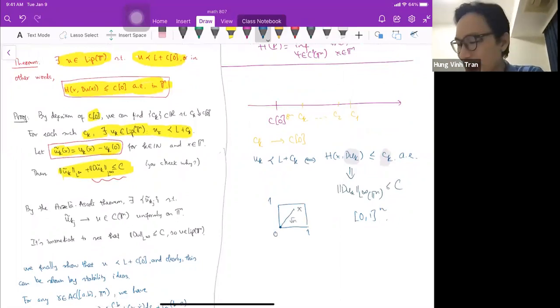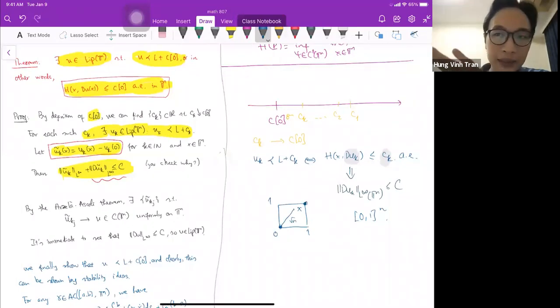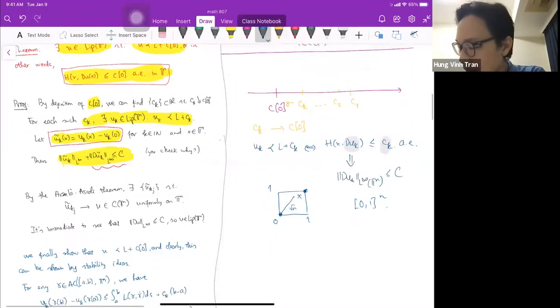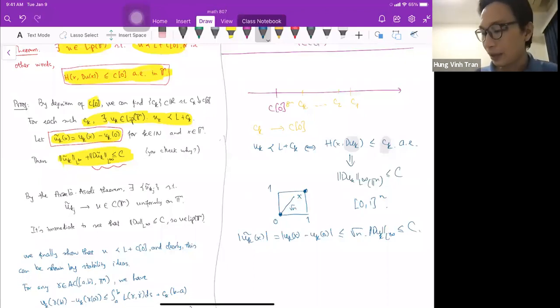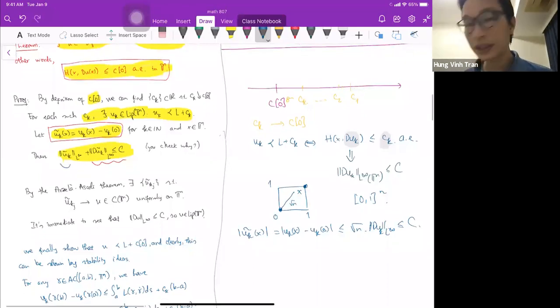In fact, you can make it better because this point and this point are identical. But you can see that UK tilde of x equals UK of x minus UK of 0, and this is surely less than or equal to root n times DUK in L infinity, less than C. We are just using the Lipschitz property. Anyhow, this gives us that UK tilde is also bounded.